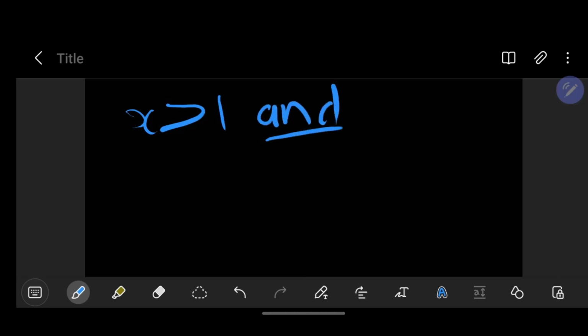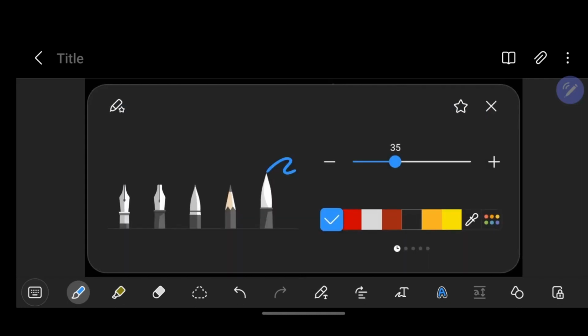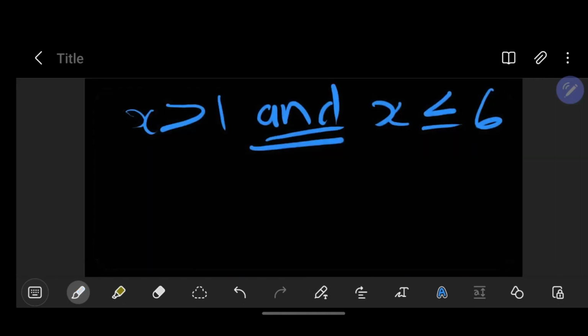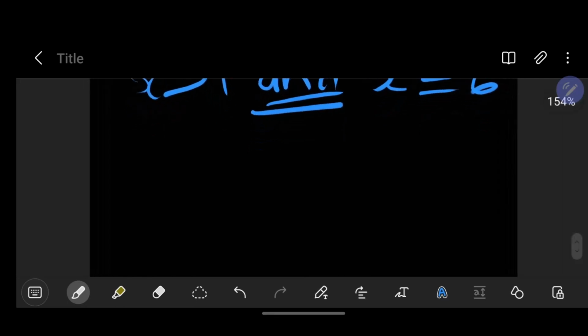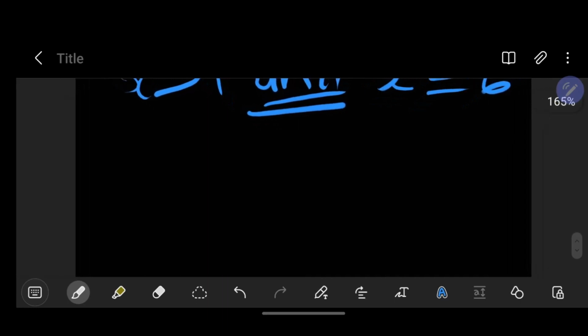So let's do one that is the opposite. Let's say we have x that is greater than 1, and, very important, and x is less than or equal to 6. How do you think we need to represent this? Let's visualize it first. We need to draw two number lines. We want the 'and', so basically we want the points between those.